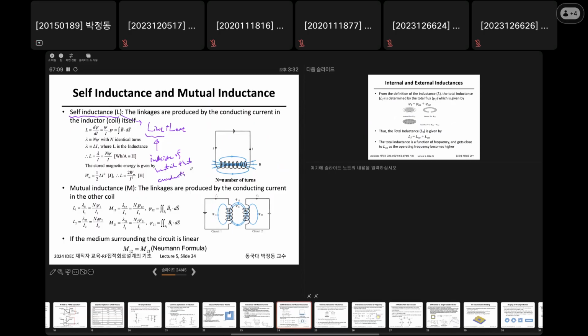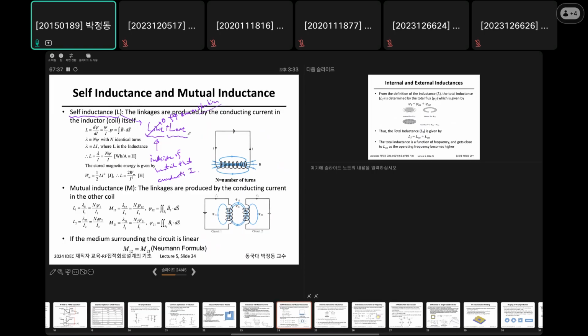Current. So this internal inductance is almost zero as the frequency gets higher, due to skin effect. So whenever we talk about inductance, we typically talk about external inductance.